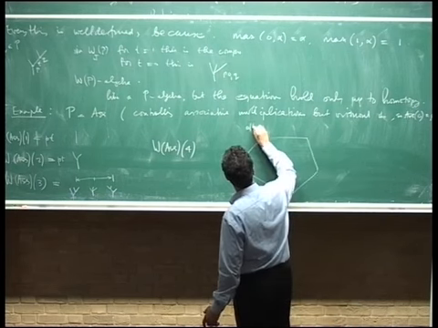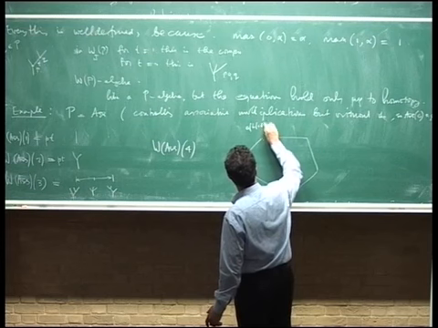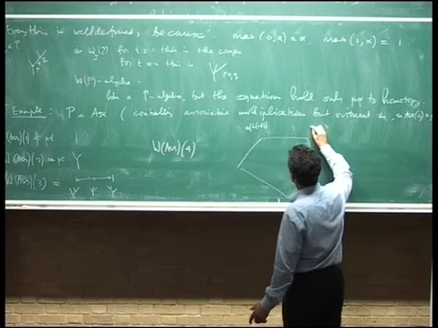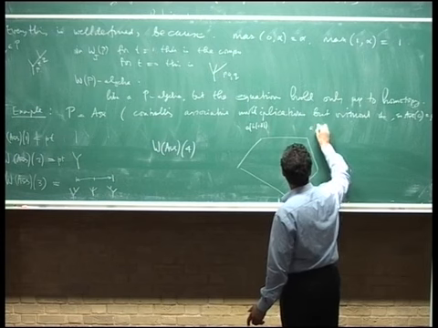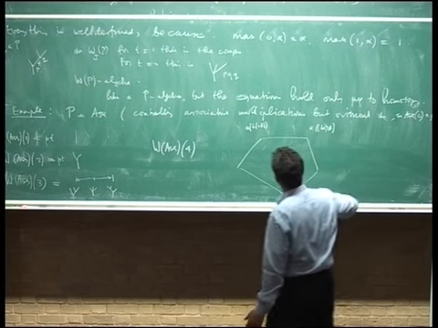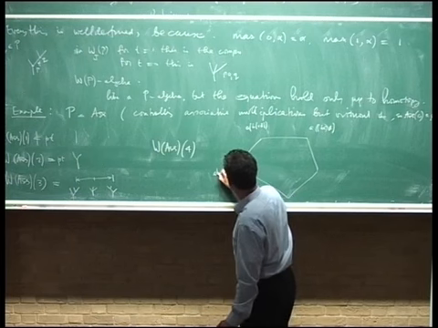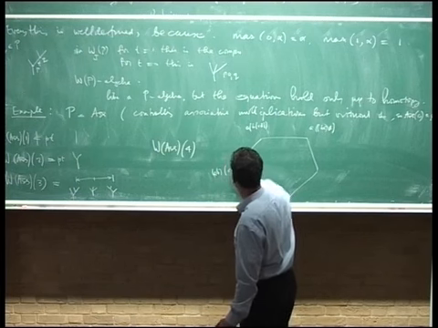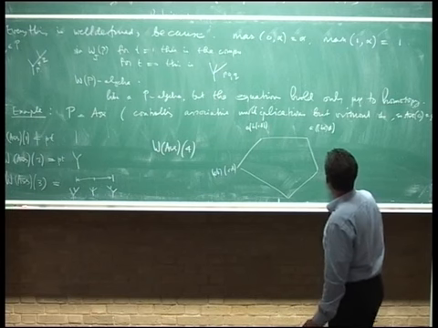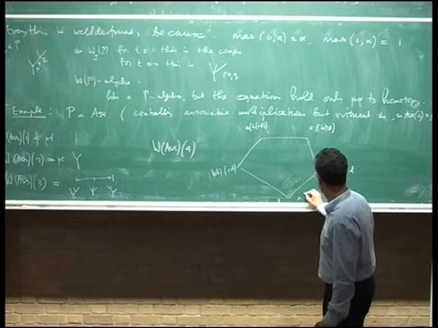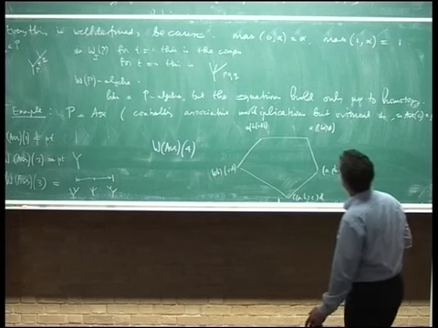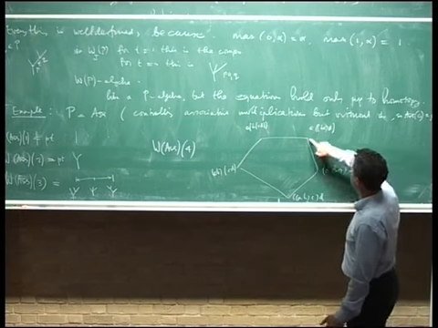You move all the parentheses from right to left. So this could be A, B, C, D, and this could be A, B, C, D, and this would be A, B, C, D, and this would be A, B, C, D. Okay, I could also draw them as trees.